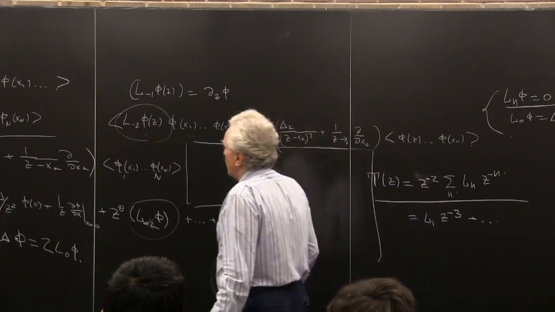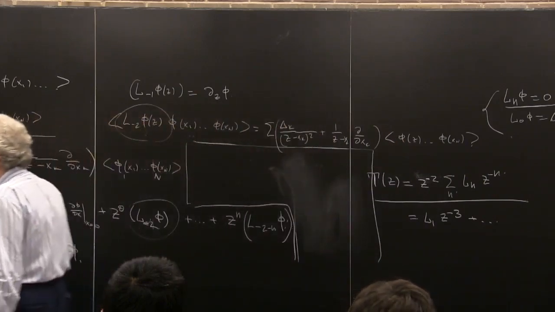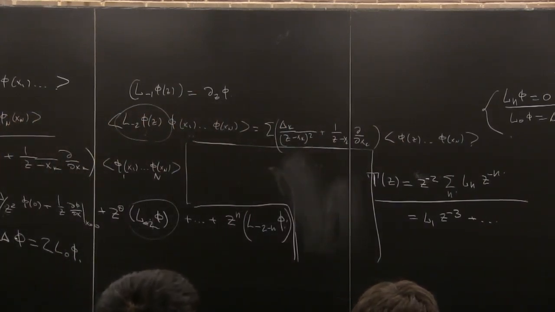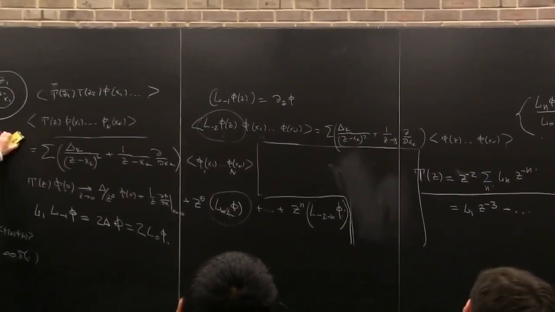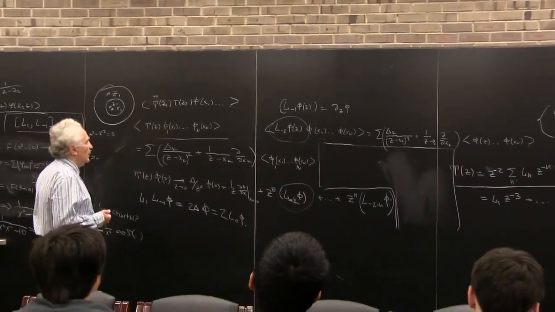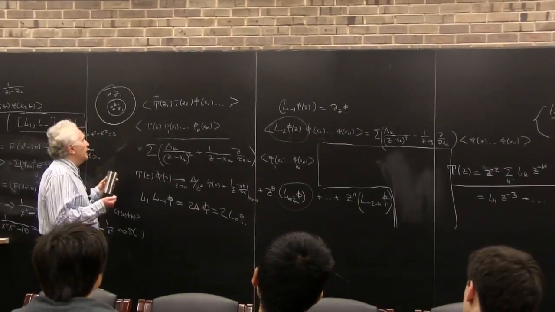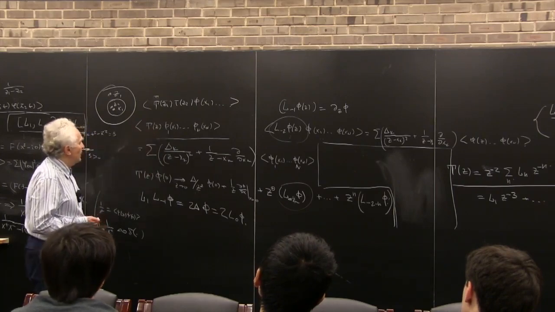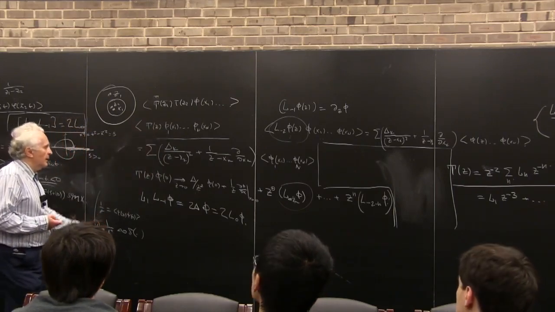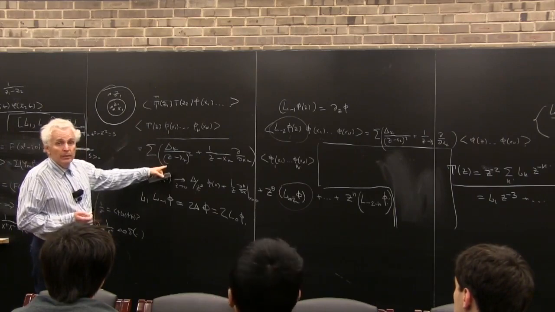Namely, one might think, let's assume for one moment that the energy momentum tensor is a primary operator. We don't know a priori what it is. All we know from the Ward identity for T is that it has dimension 2.